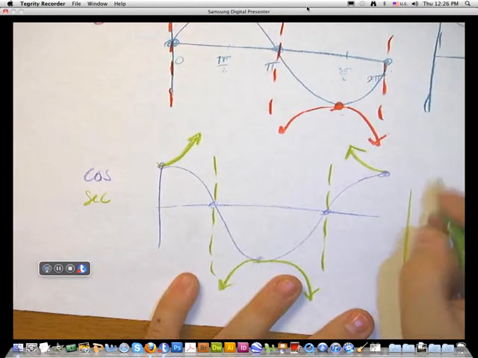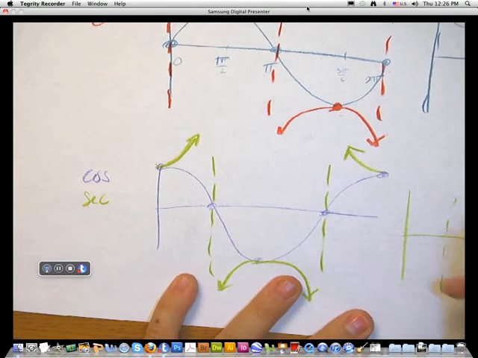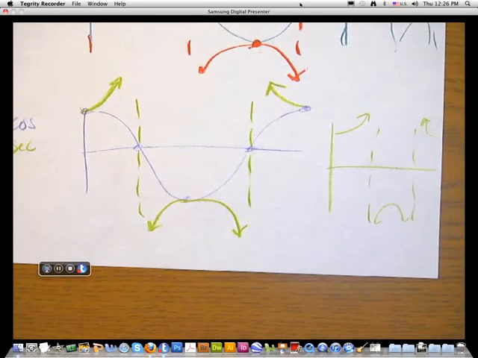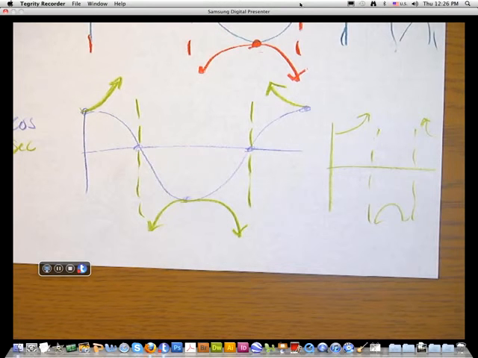So again, if I were just to draw this separately, I would see something like that. The cousins are going to be reciprocals. They're going to be up and down parabola type shapes. And they're always going to have asymptotes at wherever the major has a 0 x-intercept.